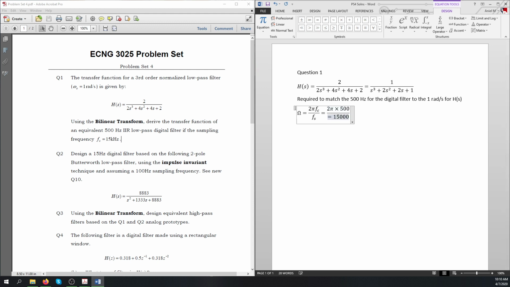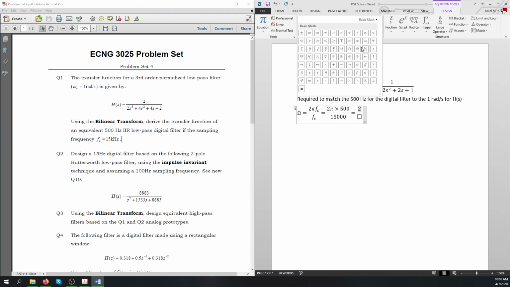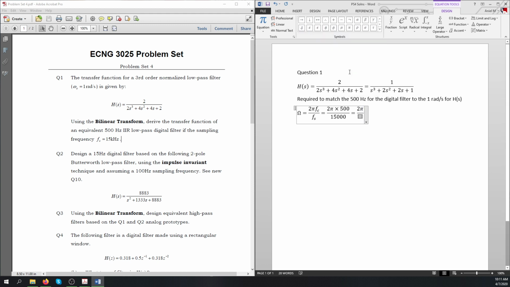If we do reduction here, I'm keeping it in terms of pi for now, it's going to be 2 pi divided by 30.